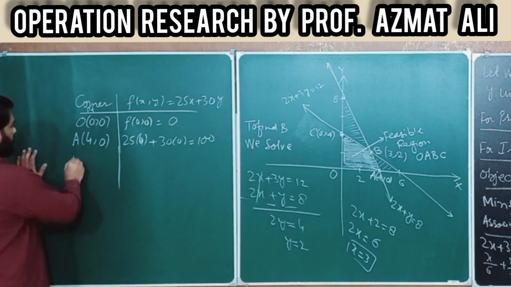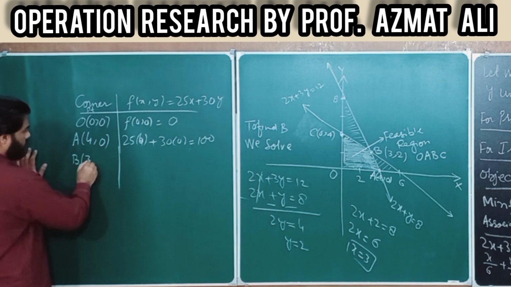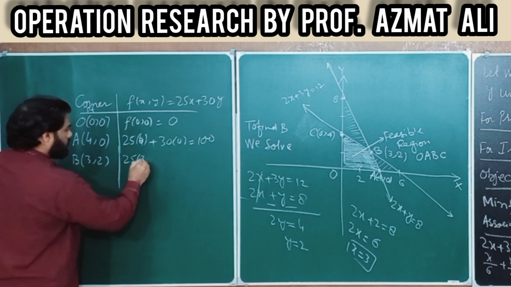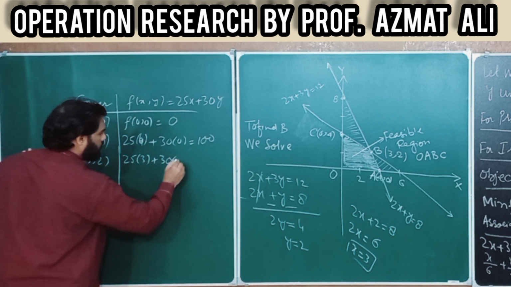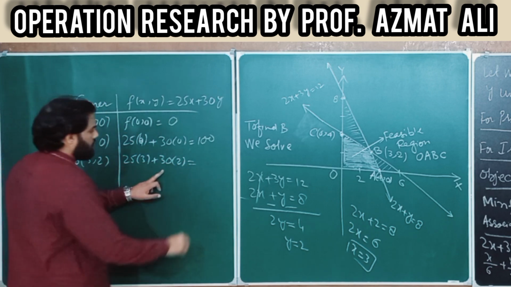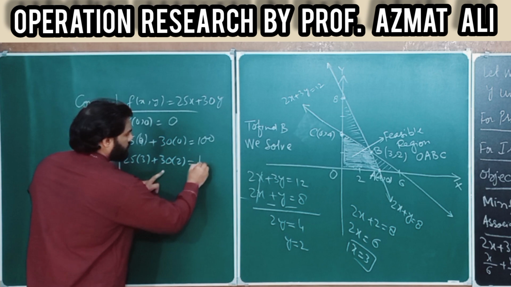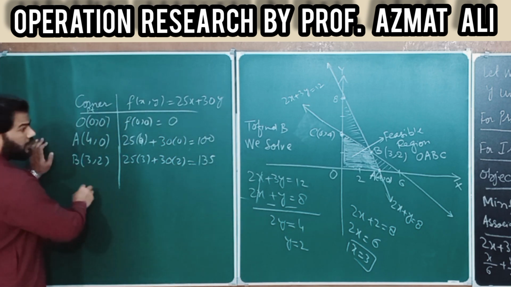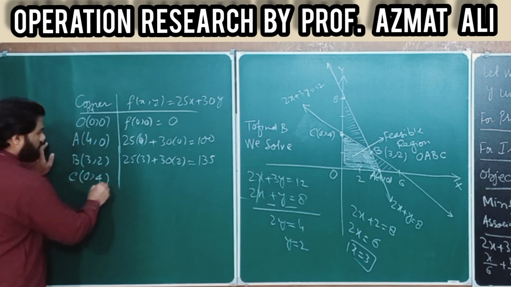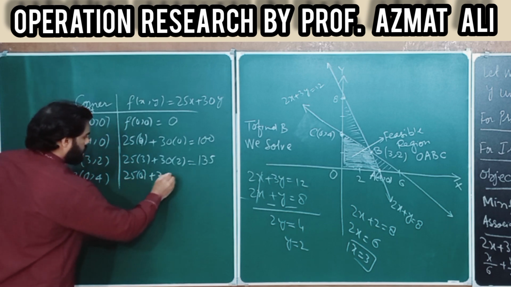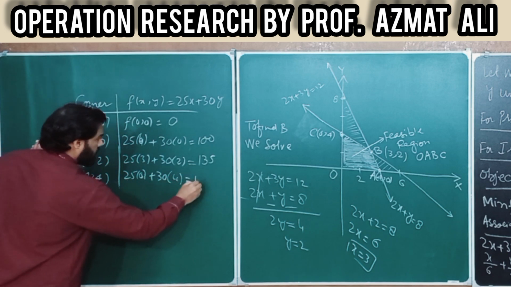At point B, that is 3, 2, the value of the function is 25 into 3 plus 30 into 2, which is equal to 75 plus 60, that is 135. And lastly at point C, 0, 4, this is equal to 120.